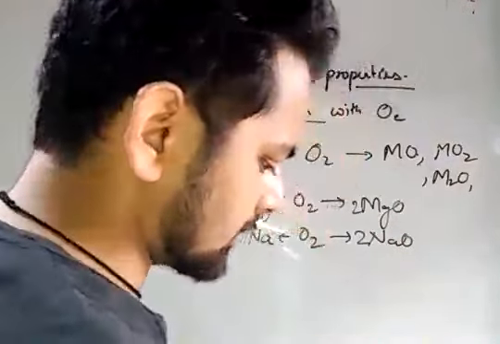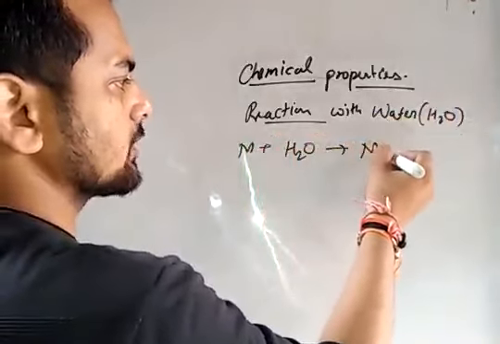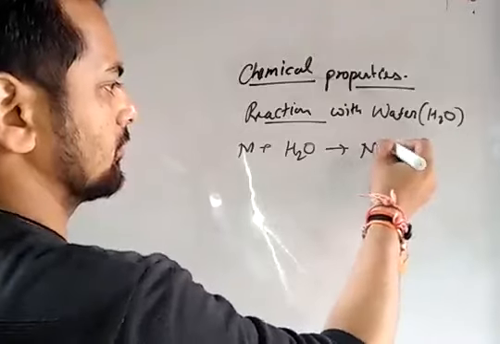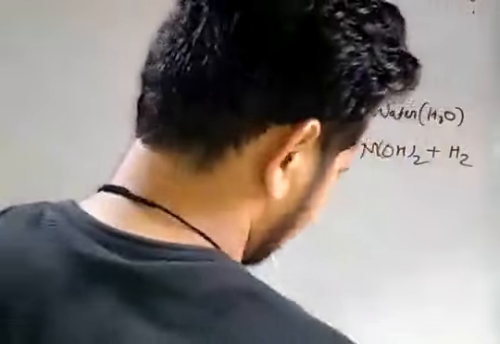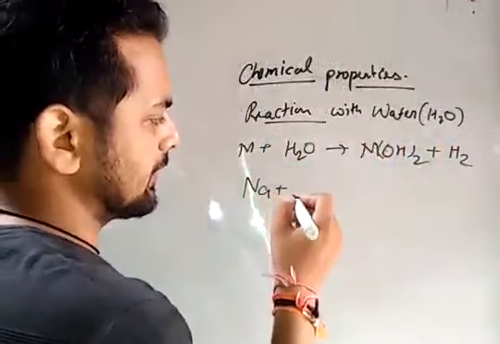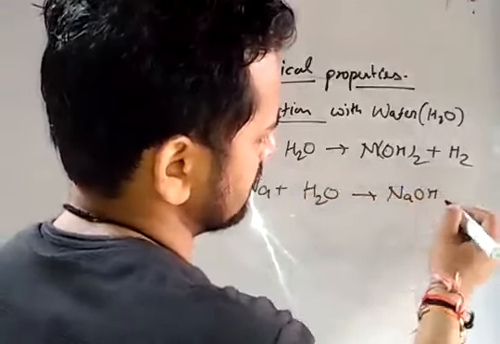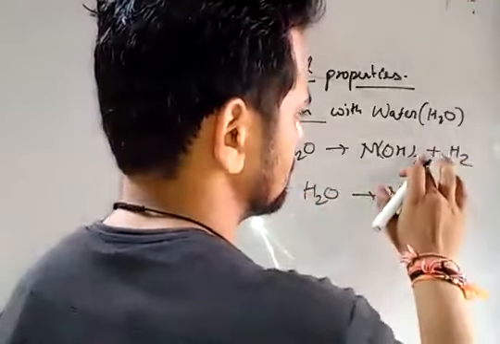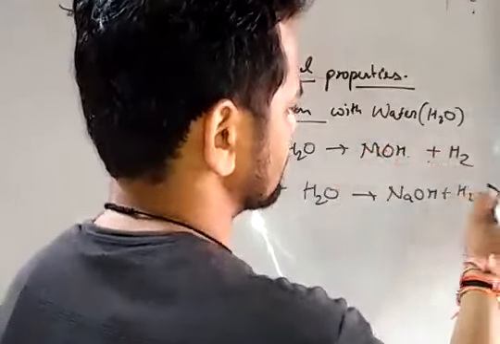The next point is reaction with the water. The formula of the water is H2O. When metal reacts with the water, it forms metal hydroxide plus releases hydrogen gas. For example, when sodium is dipped into the water, it forms sodium hydroxide NaOH plus hydrogen gas.